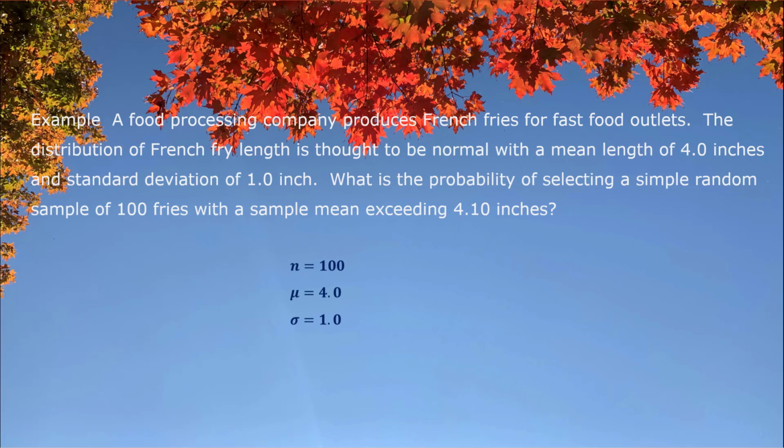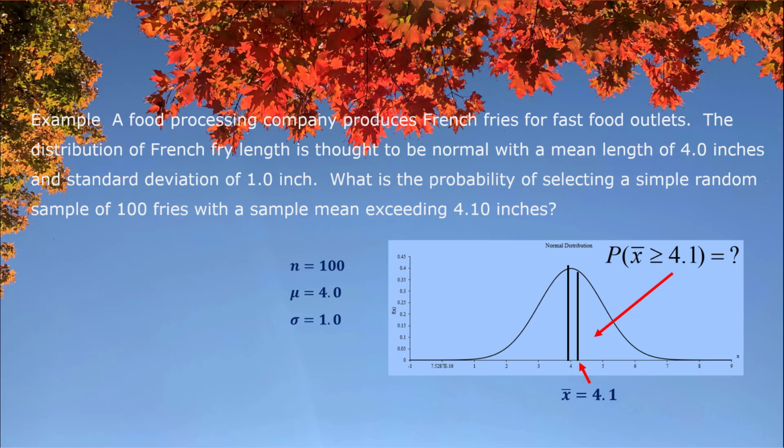From the basic information provided in this example, we have a population standard deviation of 1, and we consider sample size 100, and we get one simple random sample, which gives us the mean 4 inches. That is the sample mean from this one simple random sample.